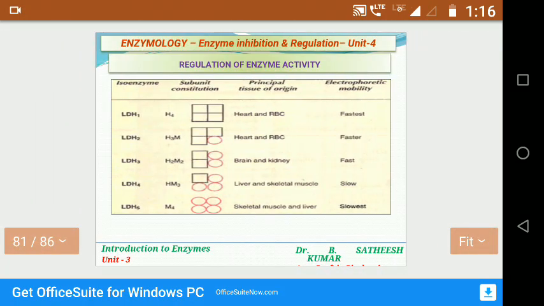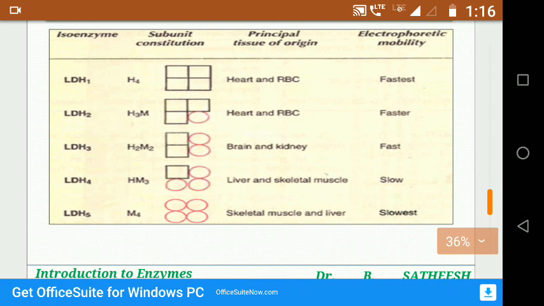When we look at all five LDH isoenzymes, the LDH1 will have the H4 configuration. That means it has four H type subunits, and it is found in heart and RBC.